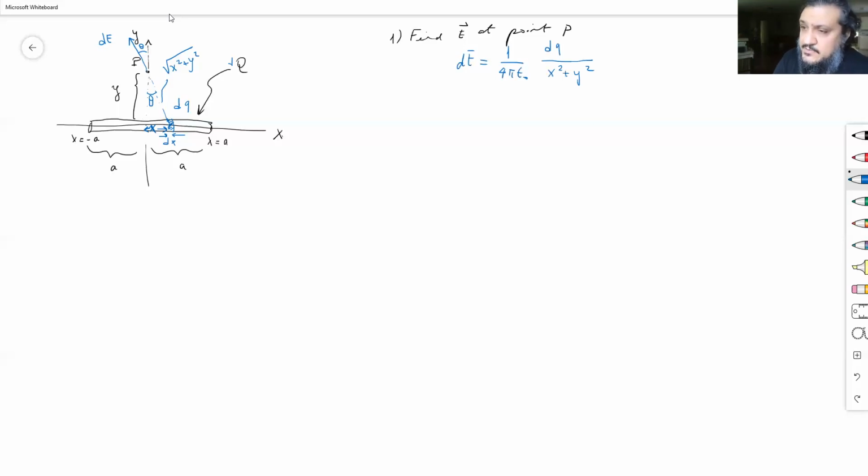All right, and then consider the limits when you're really close to the charge. This means y will be much smaller than a. And in that limit, practically the charge rod will be of infinite length. So infinite line of charge limit.